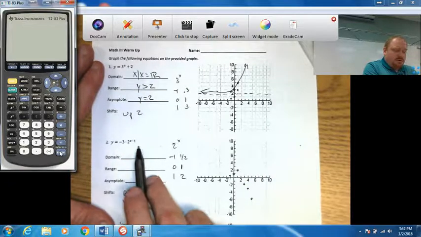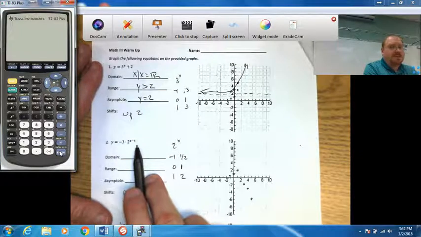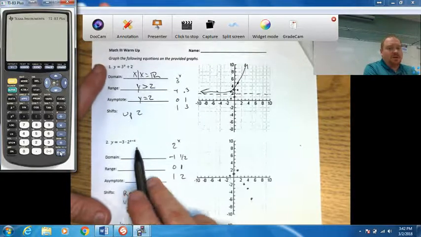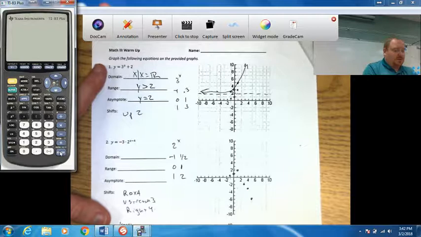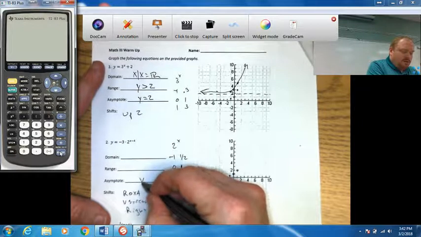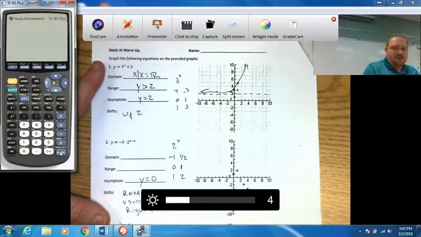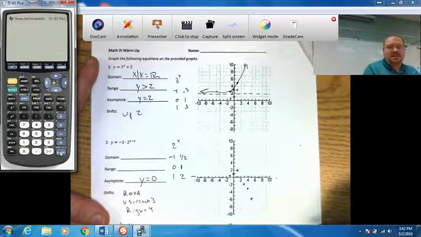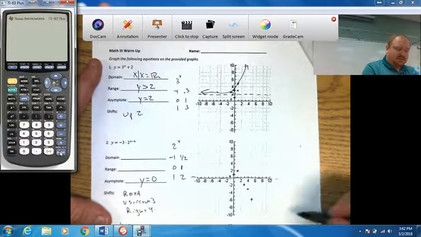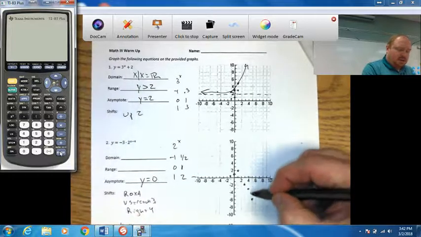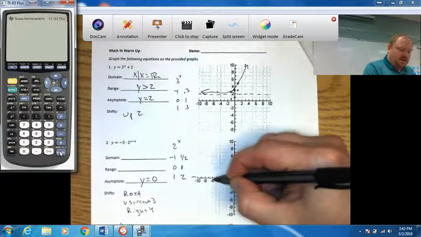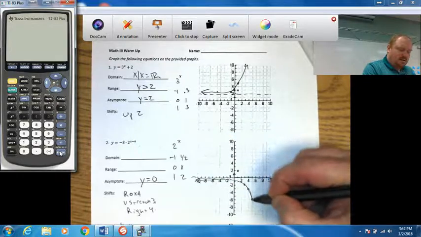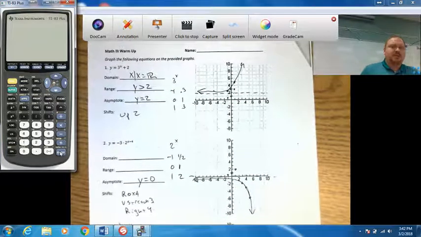There is no vertical shift here. Most of the ones we've done so far do have a vertical shift. Because there is no vertical shift, our asymptote is at y equals 0, which just means that's the x-axis. So I'm going to try to draw this as best I can. And that is approximately how it looks.